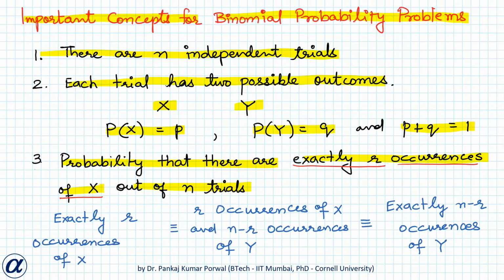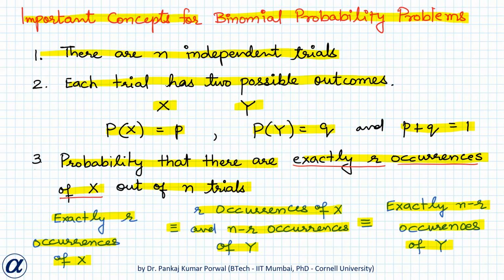So the statement exactly r occurrences of x is equivalent to r occurrences of x and n minus r occurrences of y, or we can say in terms of y also, exactly n minus r occurrences of y.